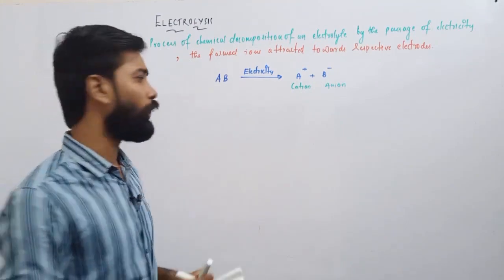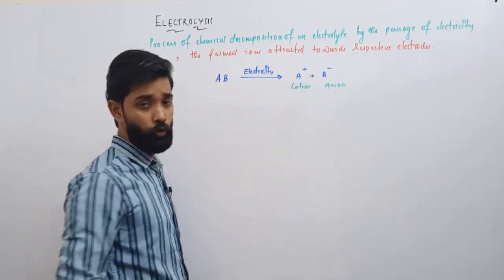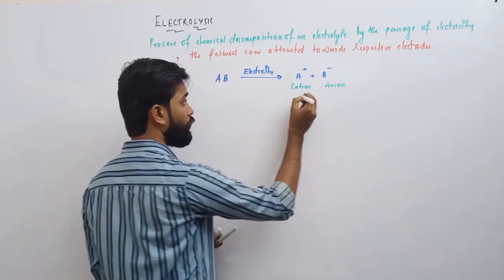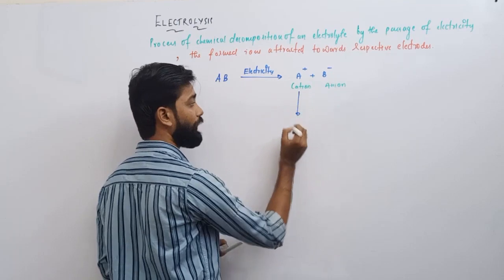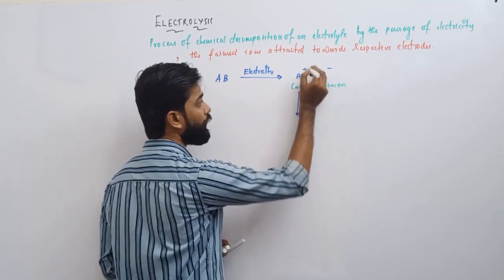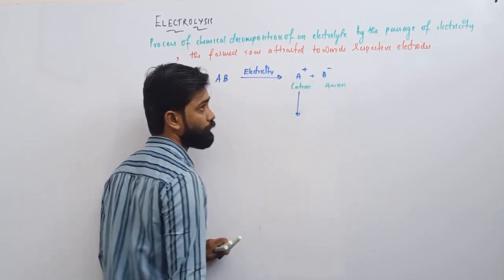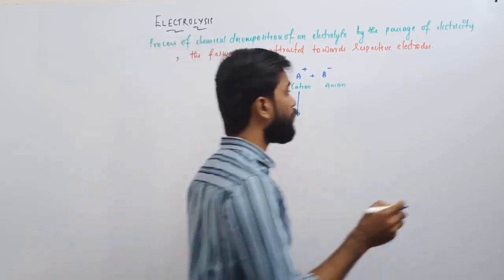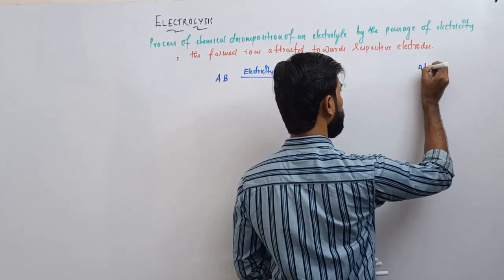So the electrolyte is chemically decomposed into two ions when electricity is passed. For example, here is a cation, which gains electrons. A cation is a positively charged species. In order to deposit on an electrode, listen here, this is a main important point.